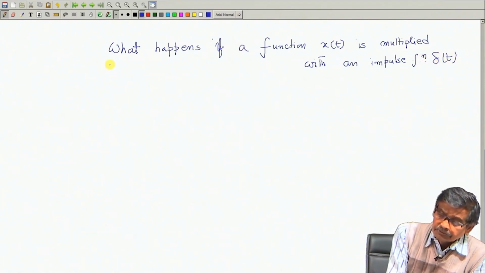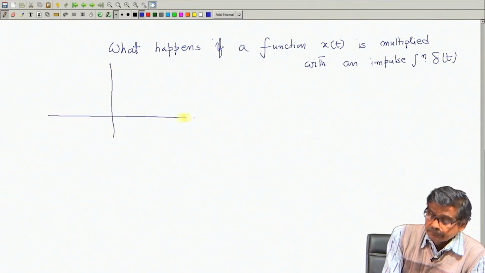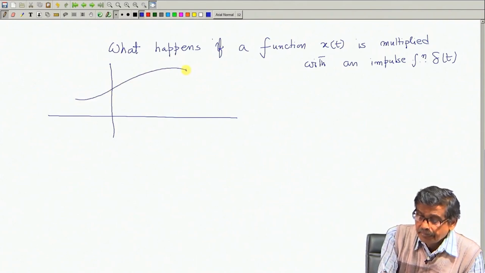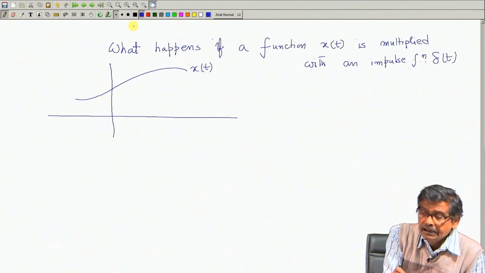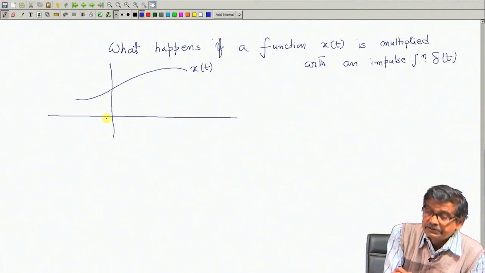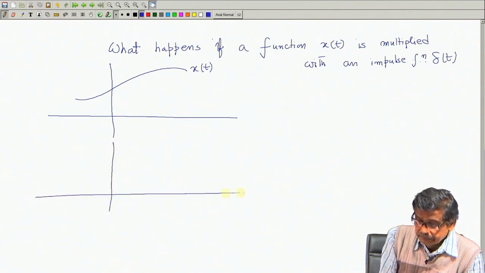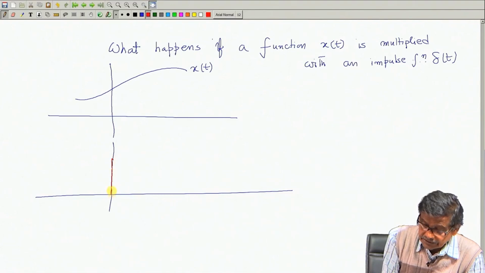That is, suppose you have a function x(t) and I have a delta function sitting at the origin. So, delta(t), not shifted, at the origin.